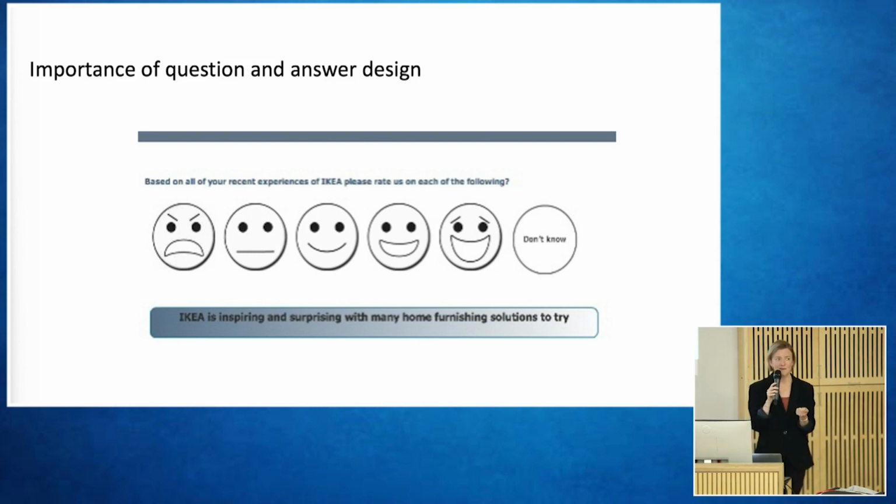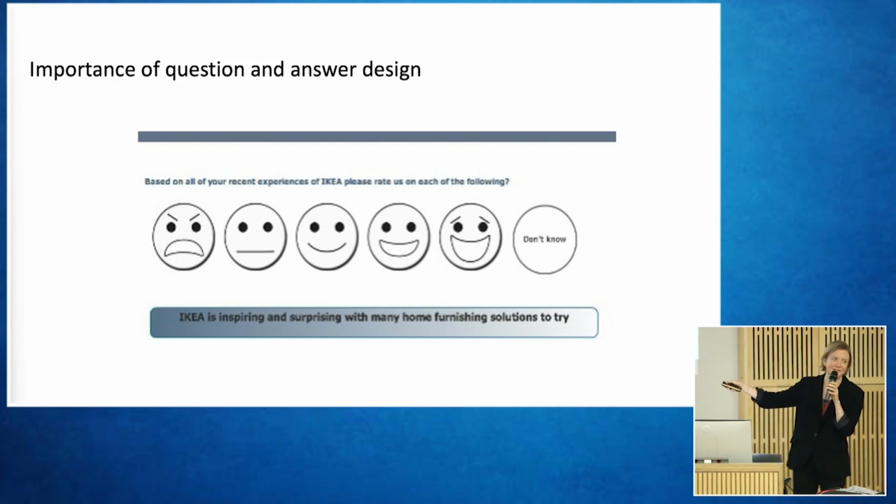But the odd thing about this is the answers that are provided, right? Maybe you're feeling inspired or surprised, but I might always pick this neutral face here because we're talking about IKEA, and you know that's good, right? So it doesn't lend itself to rigorous analysis or understanding your study question any deeper.